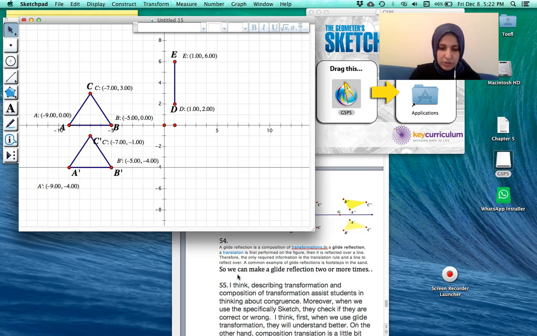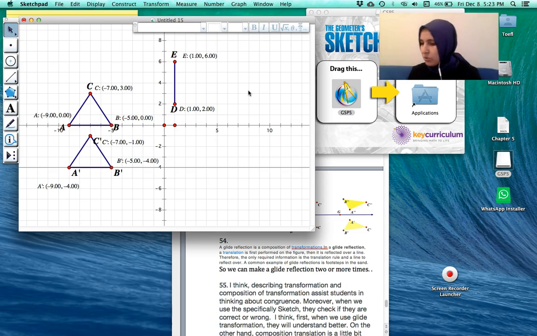What did the question say? I translated triangle ABC by the line DE, and as the question says, I placed a point (1, 3) and the point (1, 6), and then I labeled them. Yes, I answered question 1.